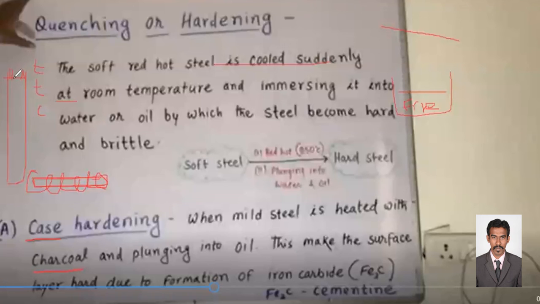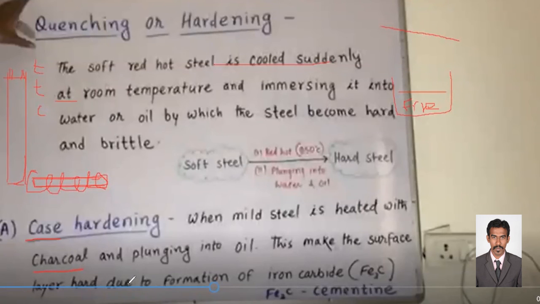So you can determine how much thickness you need this case to be hard. And there are numerical formulas also, but you don't need that deep. You just have to understand we can alter the thickness. This is what is called case hardening.